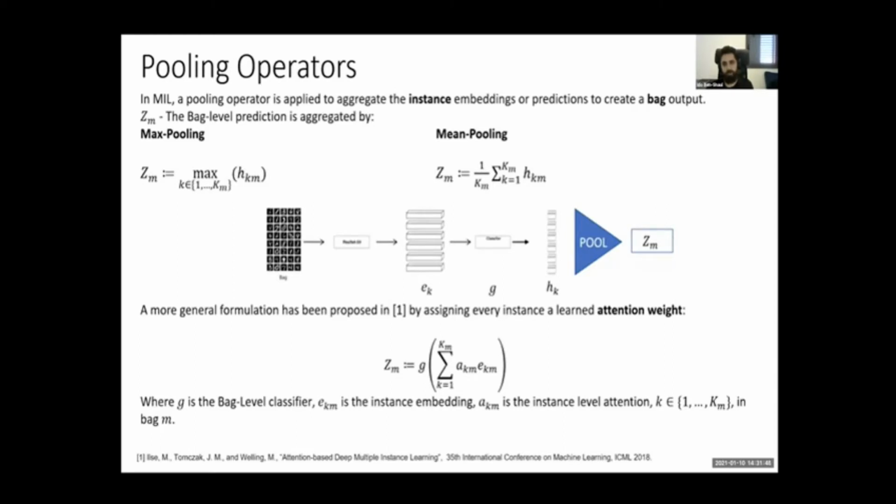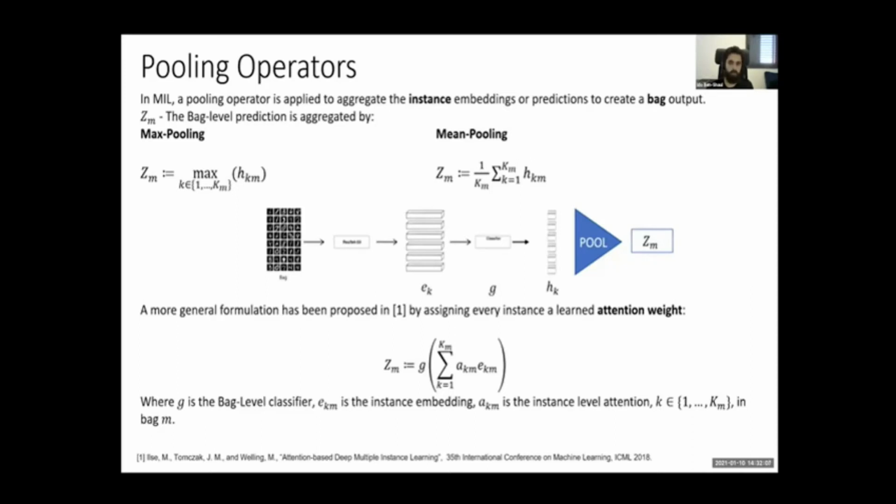In multiple instance learning, or MIL, we have an operator to aggregate the instance information to get a bag level prediction. This is typically done with what we call a pooling operator. So let's go over 3 very common pooling operators. The 2 most basic and well-known ones are max pooling and mean pooling.